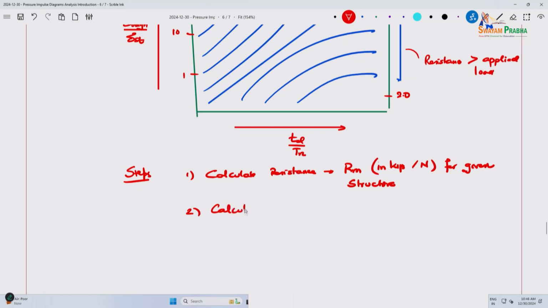Then calculate the applied load P naught, again from the pressure values. This is again in kips, so the pressure and areas is what you can use. Then calculate Td, Tn, and given Td, you find Td by Tn.